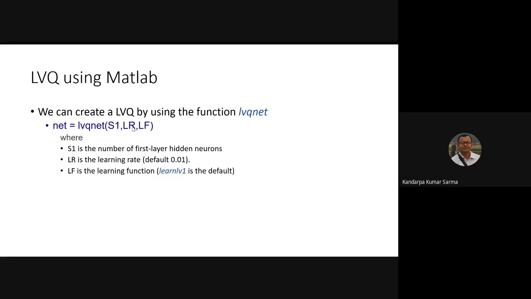The second term shall be the learning rate. Default is 0.01. And the last term shall be the learning function. The default one is learn LV1. So these are the parameters, and this is the syntax through which we can create a learning vector quantization network in MATLAB.